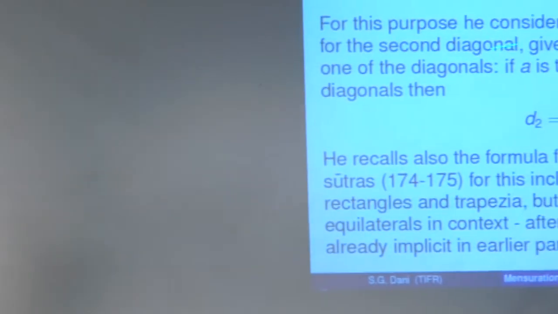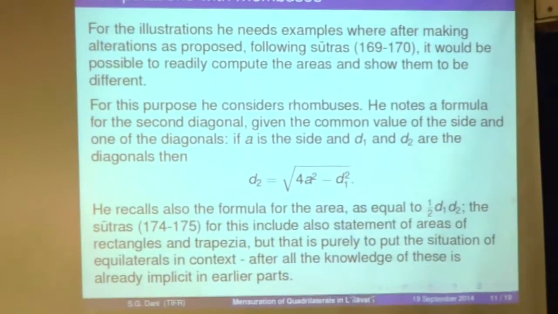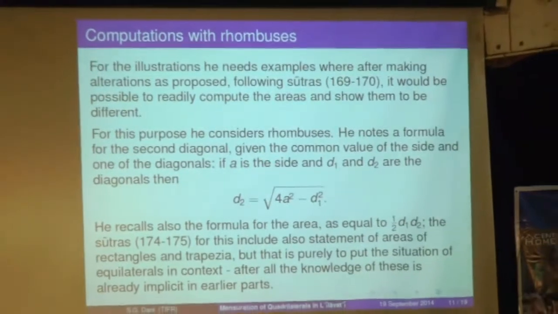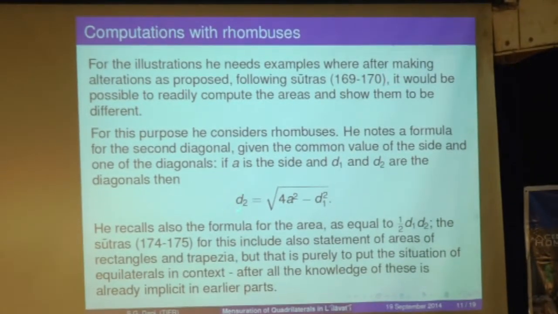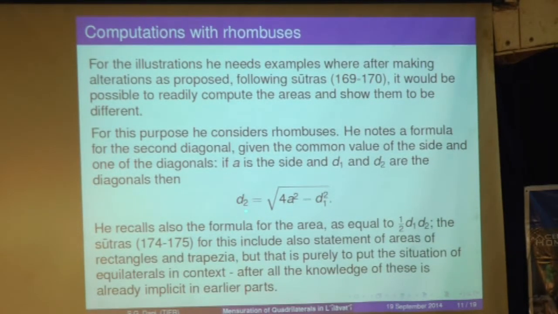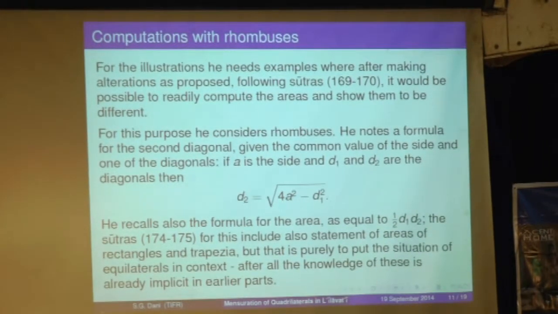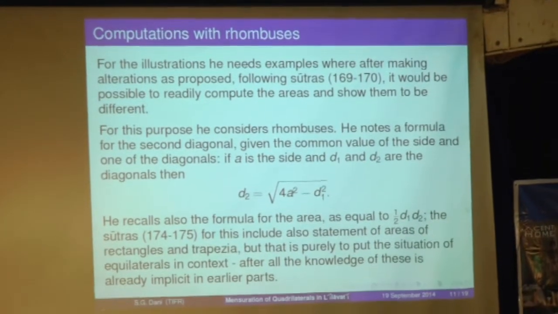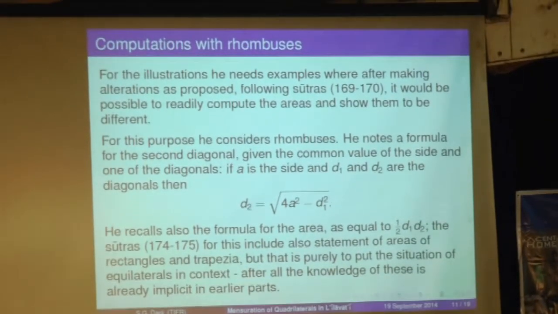And for rhombuses, he notes the formula for the interrelation between the diagonals. If one diagonal is d1 and the side is a, then the second diagonal is described too. This is simply an application of the Pythagoras theorem: you will get that d2 is the square root of 4a squared minus d1 squared. This will be the relation between the two diagonals.